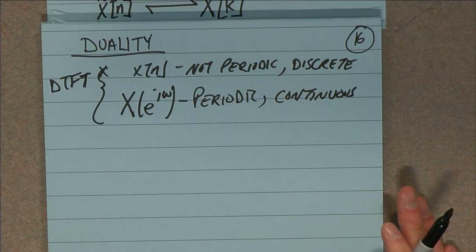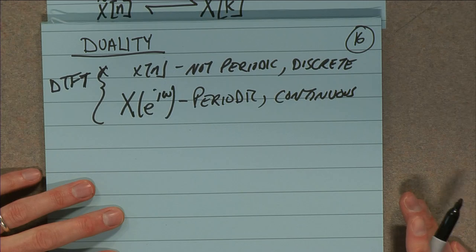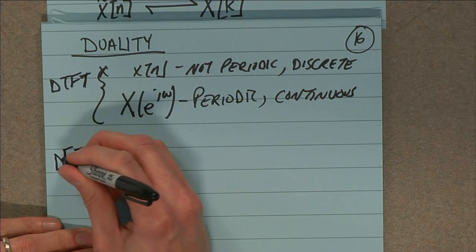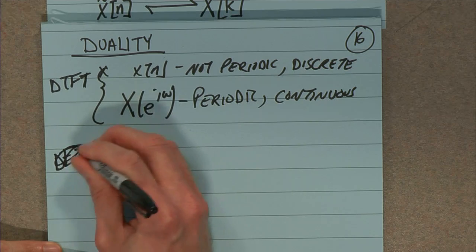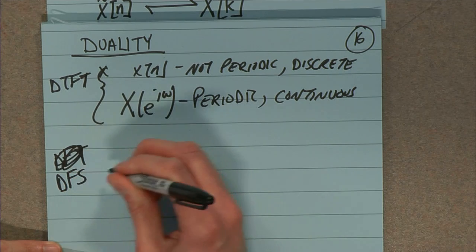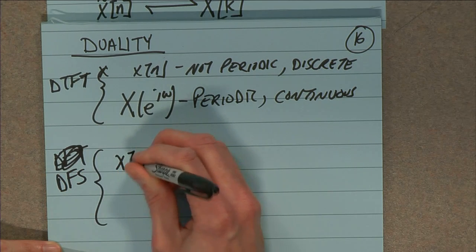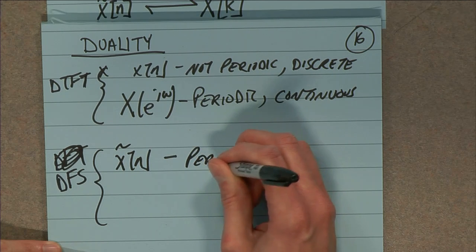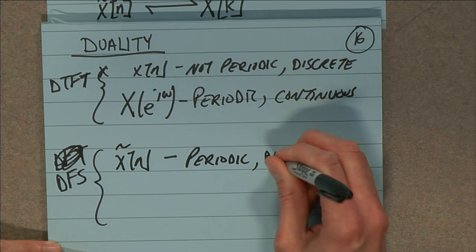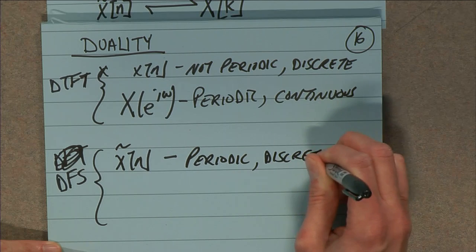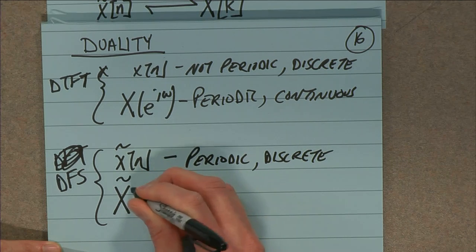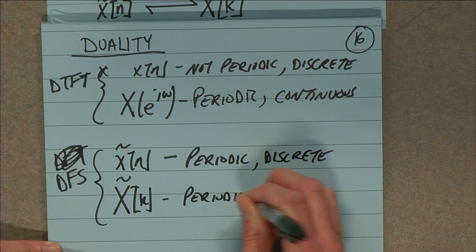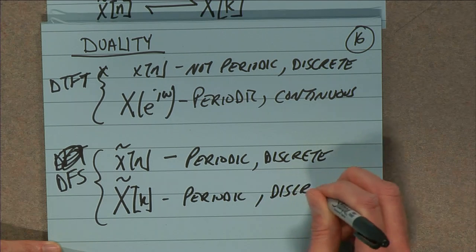Well, before we get into what exactly duality is, we're talking about the discrete Fourier series. X tilde of n is periodic and discrete, and X tilde of k is also periodic and discrete.